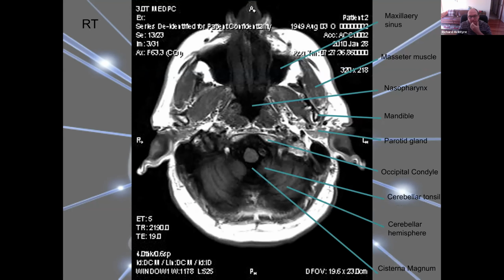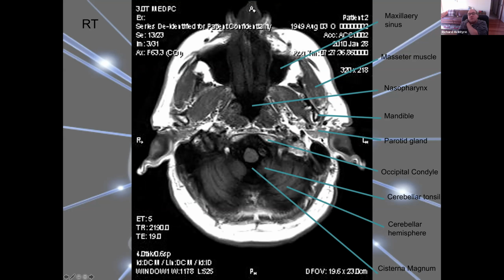So we come up, we're starting to get the sinuses. So we know nasopharynx is behind the nose. We've got the maxillary sinuses, which are ipsilateral to the nose. We've got our muscles. We've got our mandible, coming up to the TMJ joint.